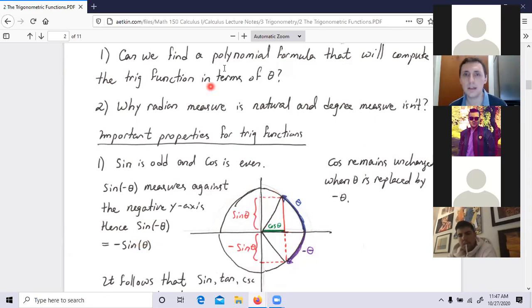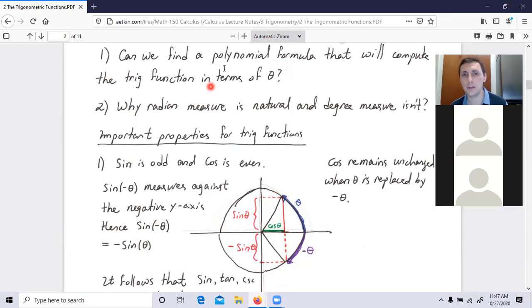Does it make sense? And if it makes sense, could you please tell me what is the other situation? What about cosine? Cosine of theta relating to, I'm asking this, guys, what about cosine of minus theta?